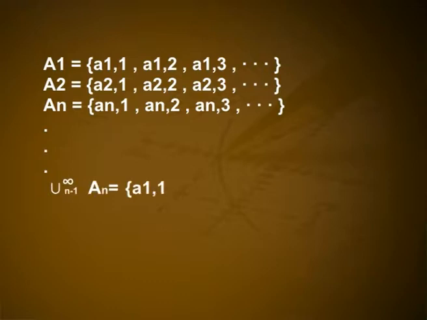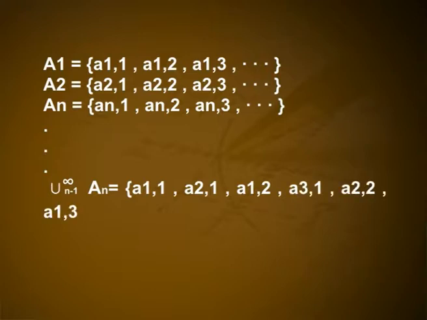Now, the union for n ranging from 1 to infinity of An equals the set {A11, A21, A12, A31, A22, etc.}, which defines the order of elements and thus proves the countability of the union. It can be noted that the sum of indices of terms gradually increases.